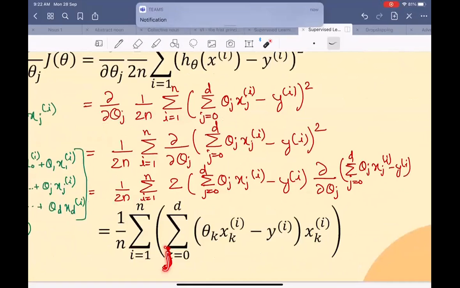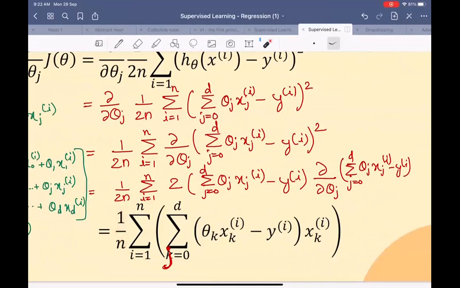This should actually be j. So we end up with the cost derivative, which says 1 by n because of all the samples that we have, summation over all these samples of this term. This term is the summation over j of theta j xj i minus y i, multiplied with xj i.